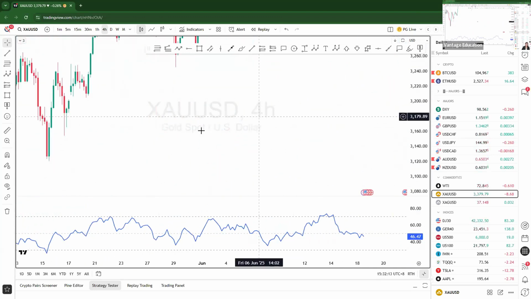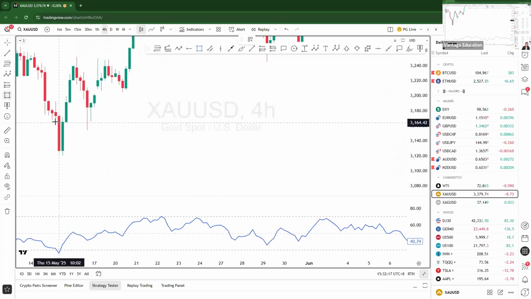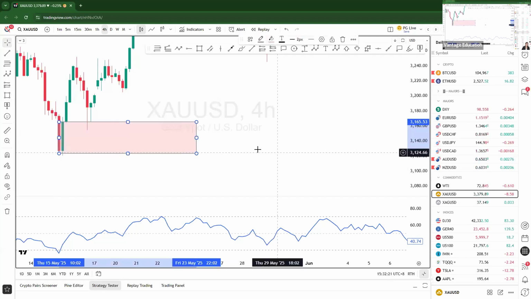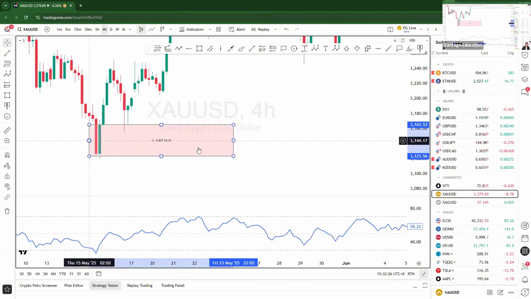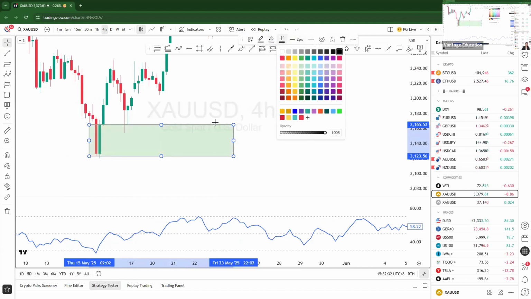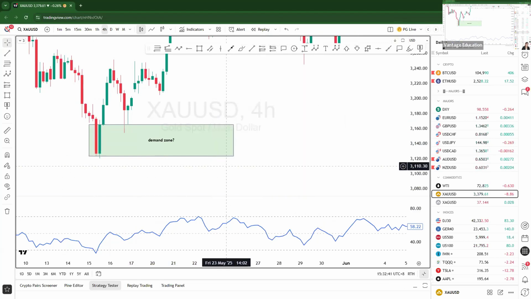Okay. What about the demand? I have a question. Is this our demand zone here? Could I say this is my demand zone? Is this my demand zone, guys? Anyone? Is this demand zone here?